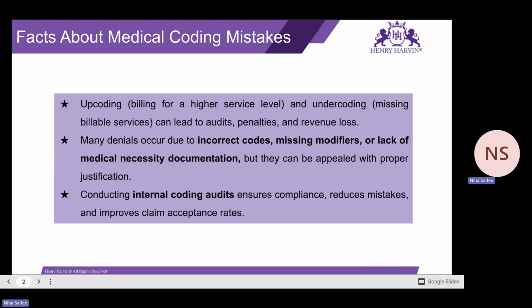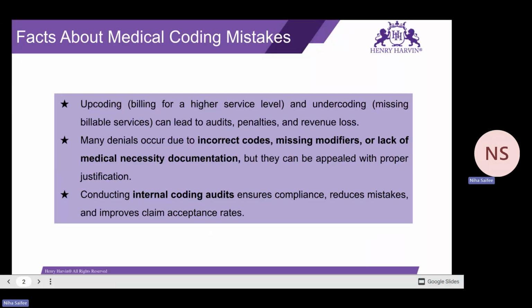Or the patient has been admitted to the emergency for a sprain, but I have taken a code for a fracture. Again, a fracture will have a higher reimbursement value than a sprain. In such cases, you have given more weightage to the code than was required. That is upcoding.